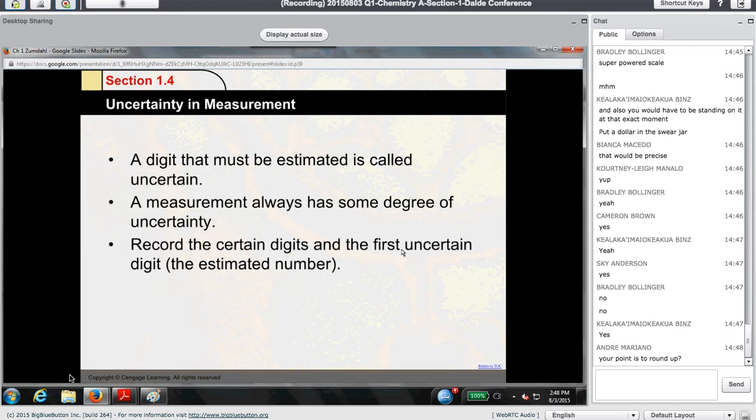Now, Andre is asking, well, what's your point? Is it to just round up? And my answer is, well, it depends on how you round it, because it depends on how careful you were to begin with. So there's an uncertainty in the measurement, but I can't tell you to round everything to the nearest tenth, because what if you need precision up to the nearest thousandth place?